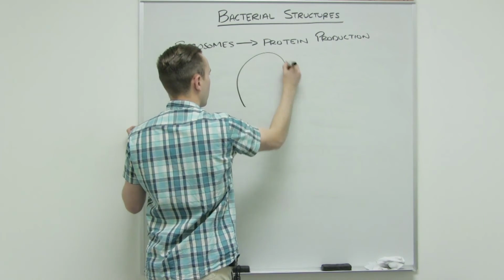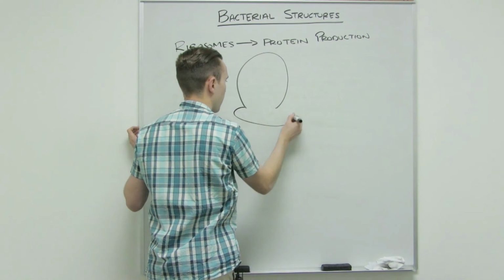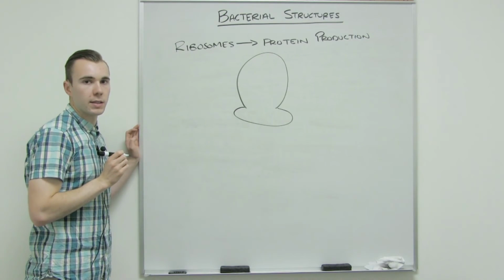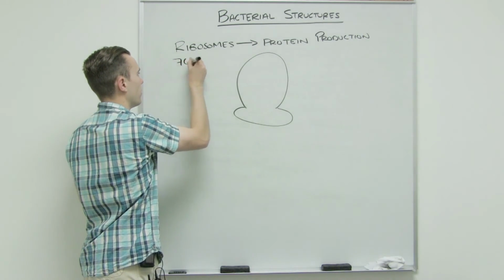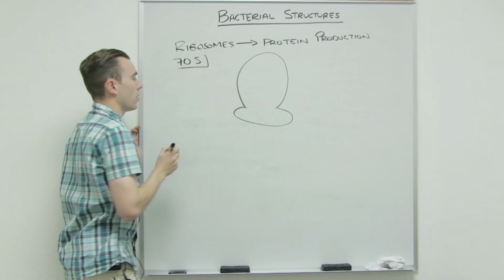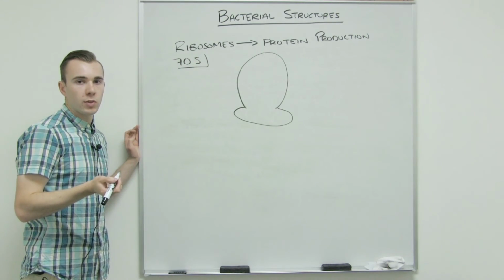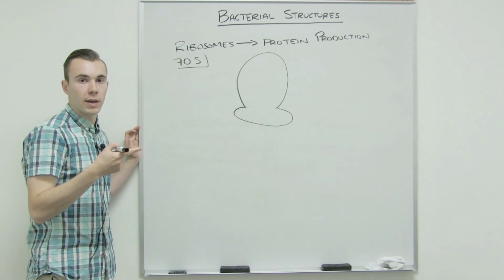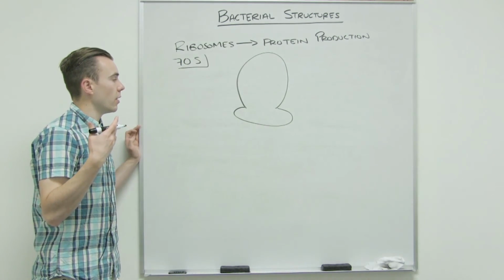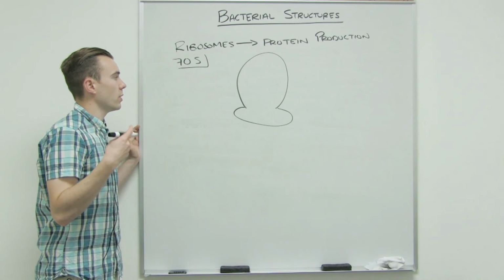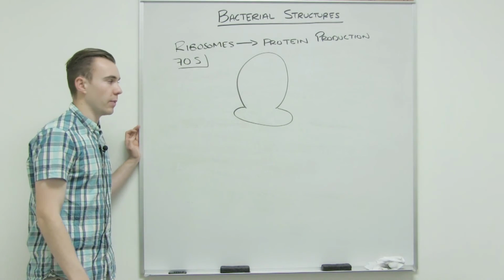So if I was to draw a ribosome, it would look something similar to this. And the ribosome has a total weight of 70 S. The 70 S, S just refers to the way they measured it. They spin it down really fast, or in other words, it's called centrifugation, and the centrifugation is going to allow it, based upon its distance, they measure it.